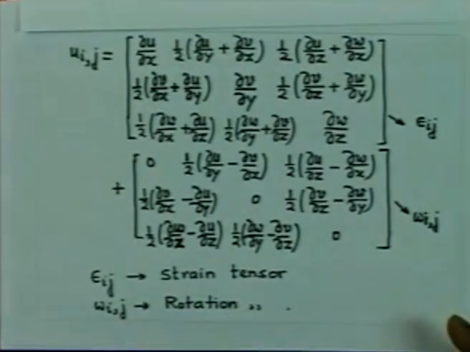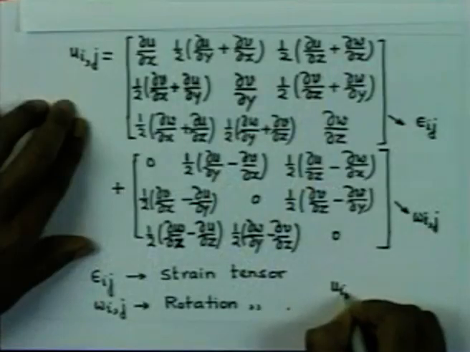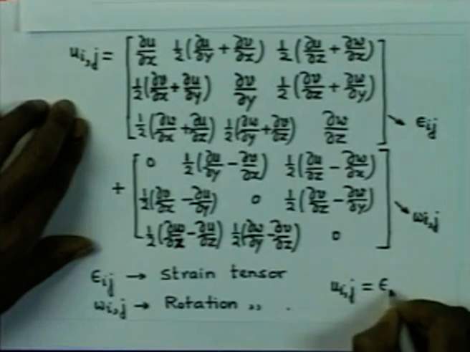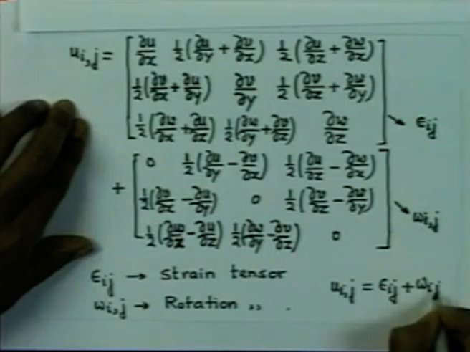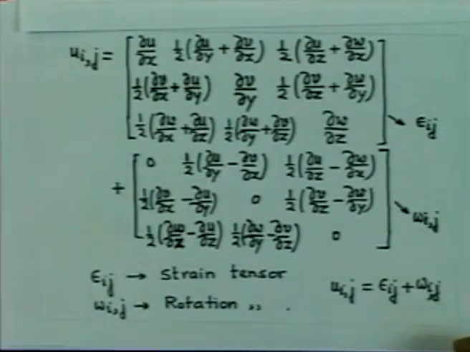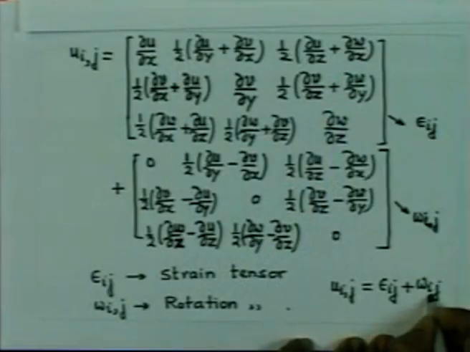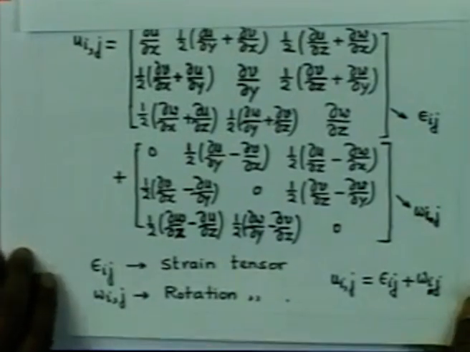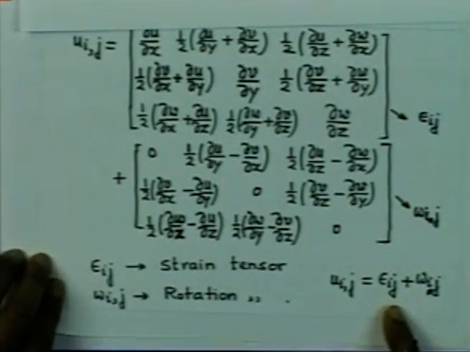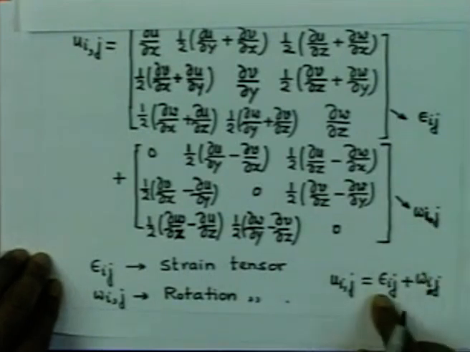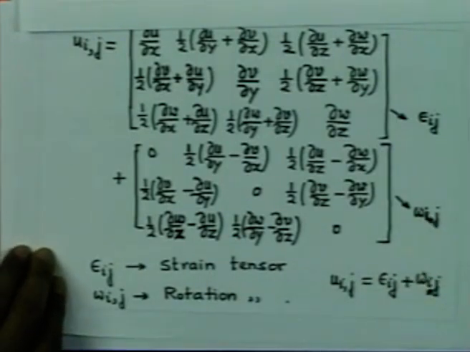So, you can see that the relative displacement tensor Uij is nothing but the sum of the strain tensor and the rotation tensor. Epsilon ij will indicate this, and this will be Wij. So, the relative displacement tensor is the sum of the strain tensor and the rotation tensor.